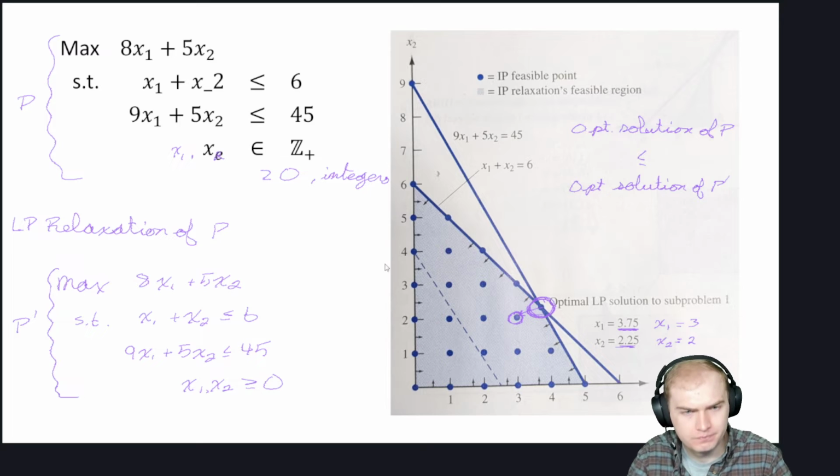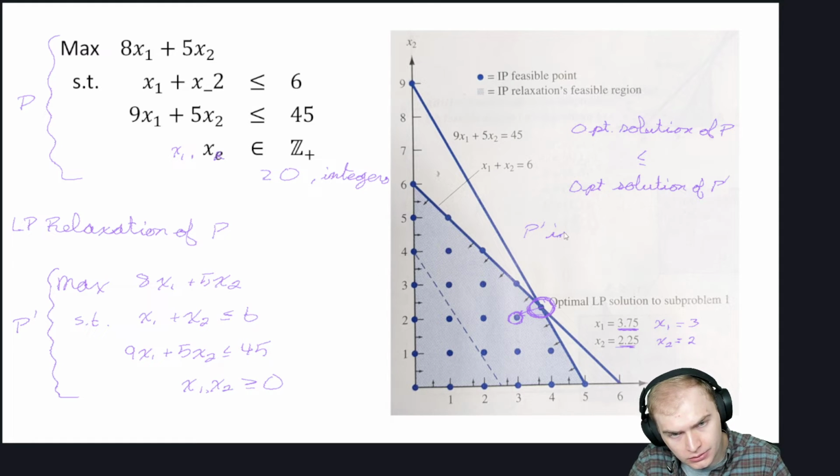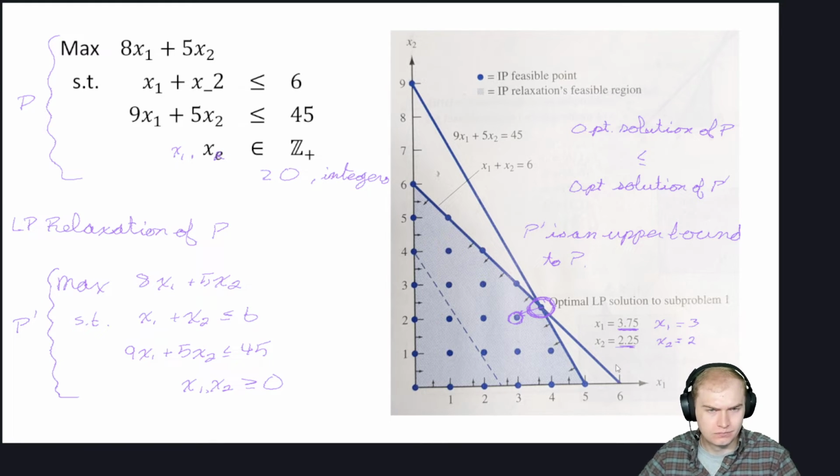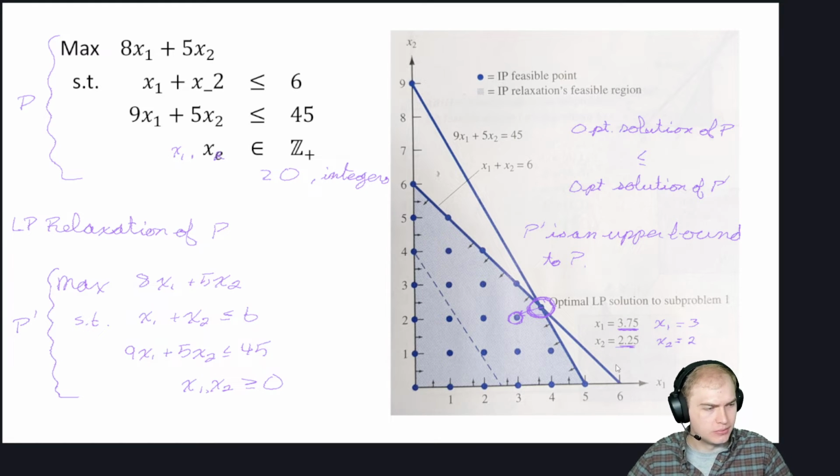In other words, P prime is an upper bound to P. Any point that is feasible to P is also feasible to P prime and has the same objective function value. So if P has an optimal solution, P prime has that solution as feasible to it, but not necessarily optimal.